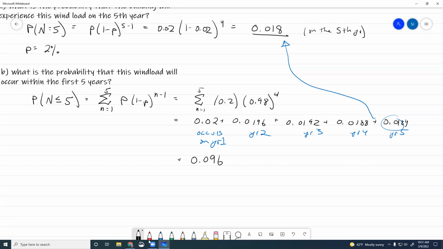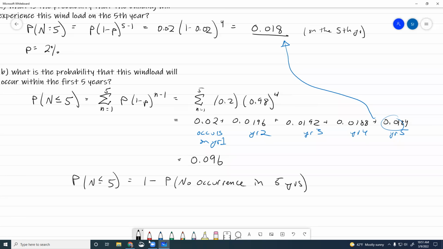Another way to do that: this is the probability that it occurs within 5 years, so the probability that N is less than or equal to 5. This is equal to 1 minus the probability that it doesn't occur in 5 years.